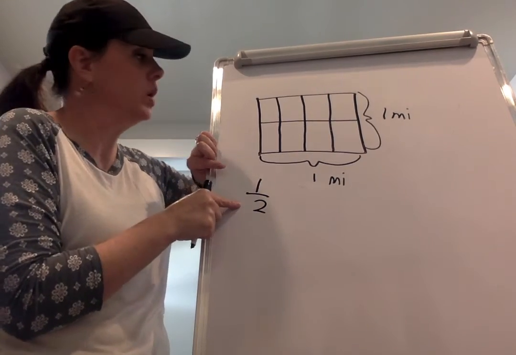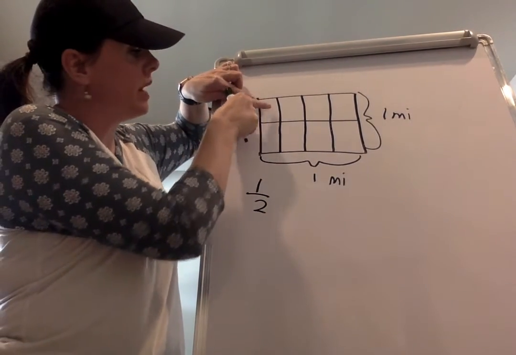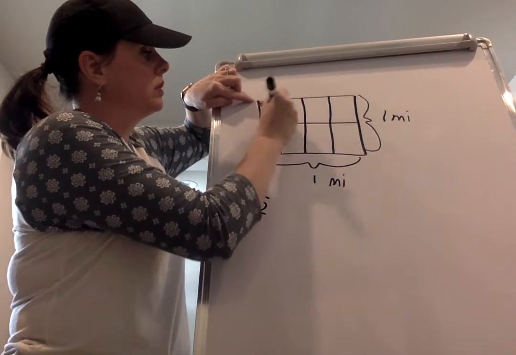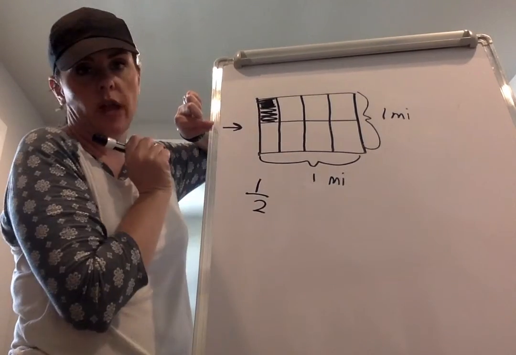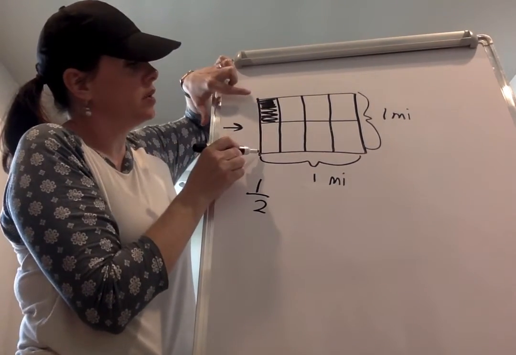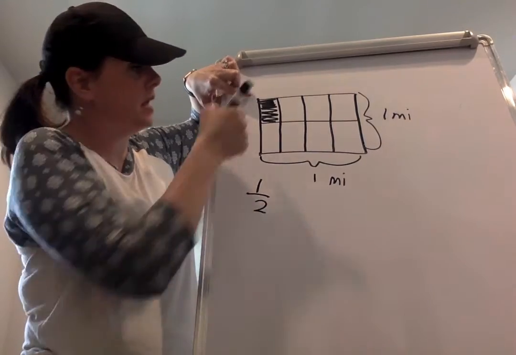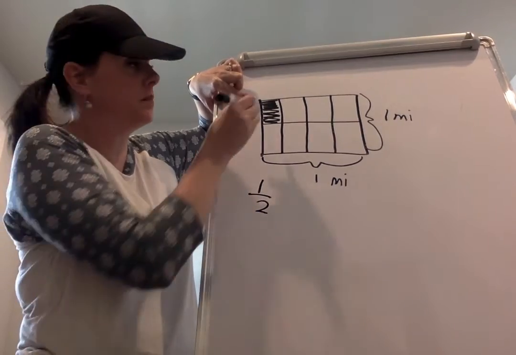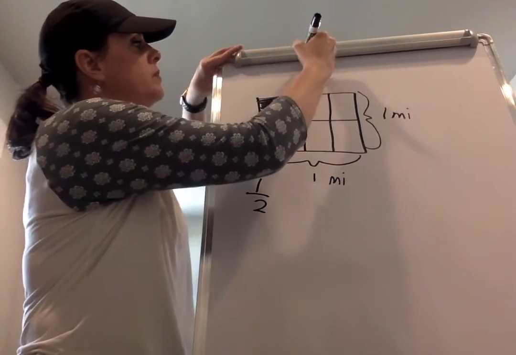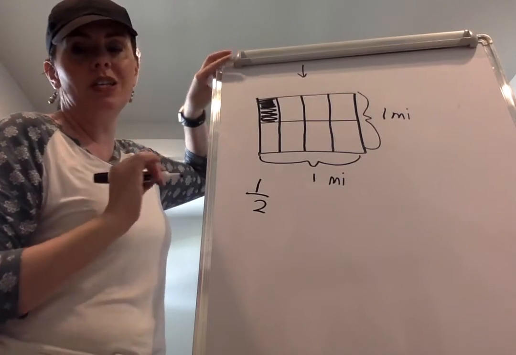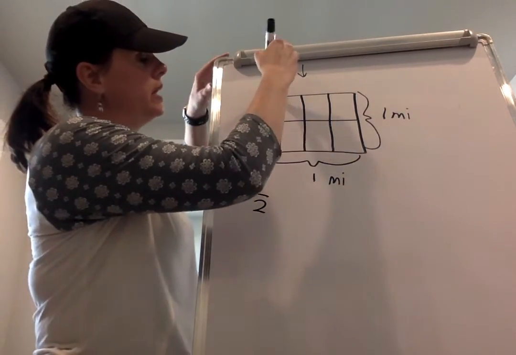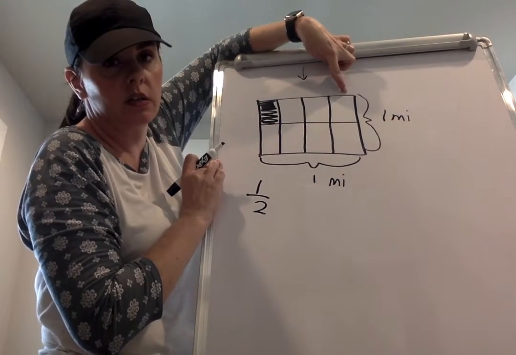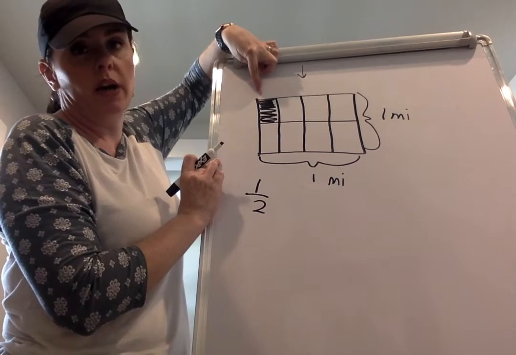So if I look at this side, this is where I have 2, and it's going to be 1 of 2 when I'm looking at it from this direction, right? Here's 2, that would be my denominator because it's out of 2 wholes, and I'm only going to color in 1 of them, okay? But now if I was looking at it from this direction, this would be where my 1/4 comes in, because look right here, I've got 1, 2, 3, 4 parts, and I'm only going to color in 1 of the 4 parts.